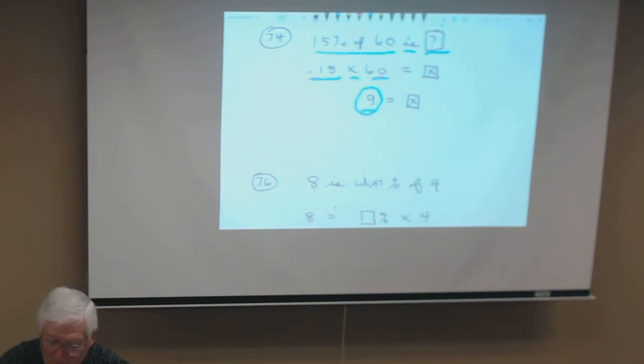See, I told you before when we ran into some of these, I don't like 4 or 5 different ways to work 4 or 5 different kinds of problems. I just want one process for everything. So I just go to 76 and here's what it says. 8 is what percent of 4?